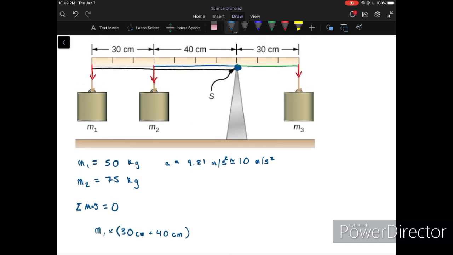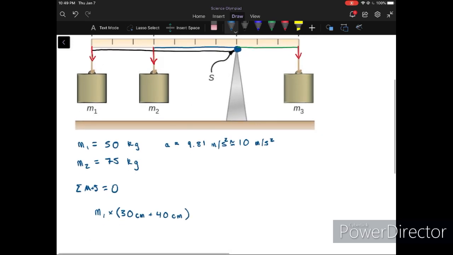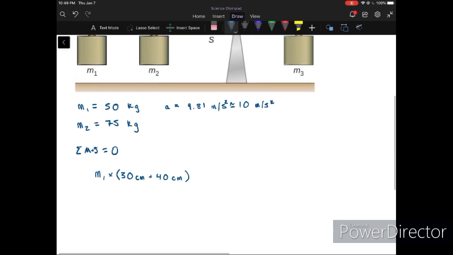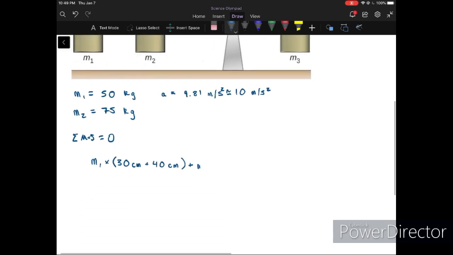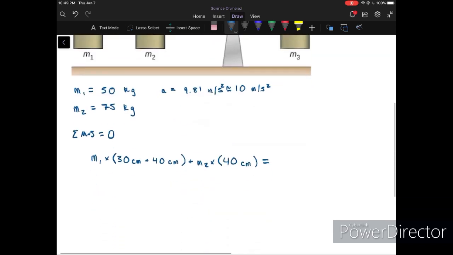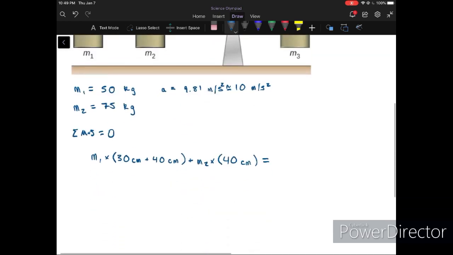And we know because they're perpendicular that that is going to be equivalent to the moment or the torque, M1 times 30 plus 40 plus M2 times 40 centimeters is going to be equal to M3 times 30 centimeters.